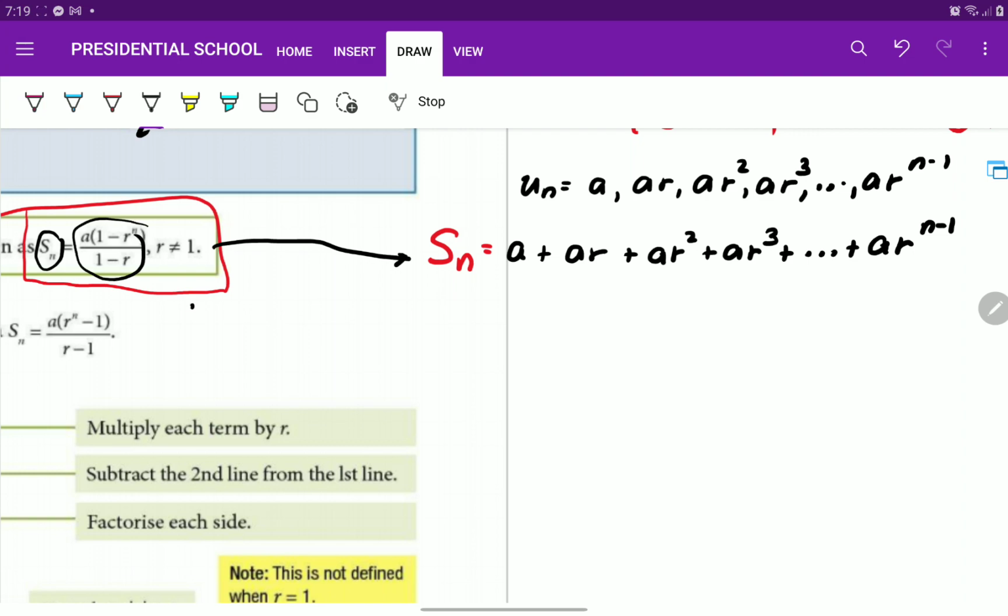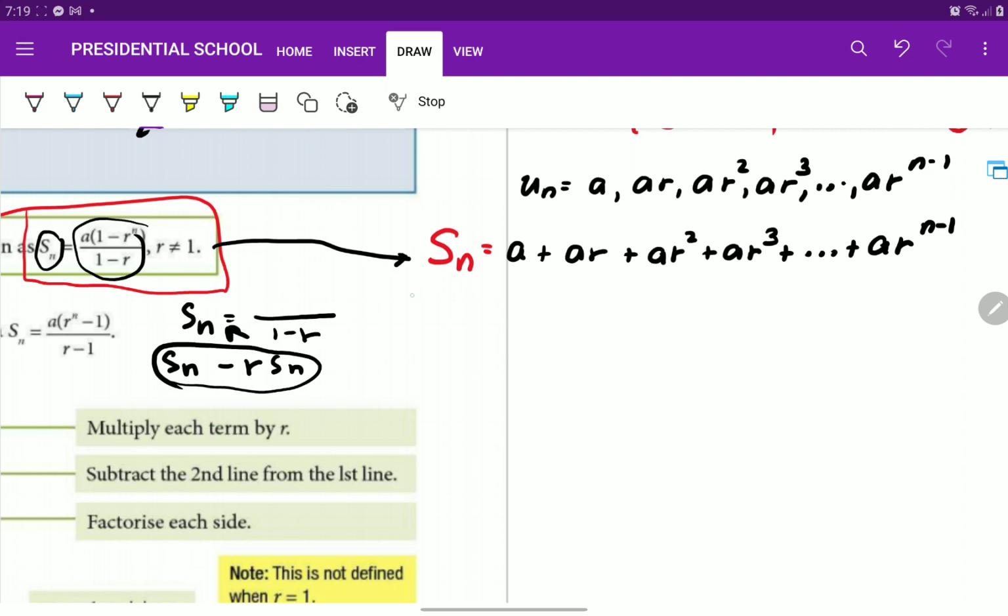Please look at the formula: there is 1 minus r at the bottom. So from here, you're going to see that it is S sub n minus r S sub n. Look at that. That is the key to derive the formula.